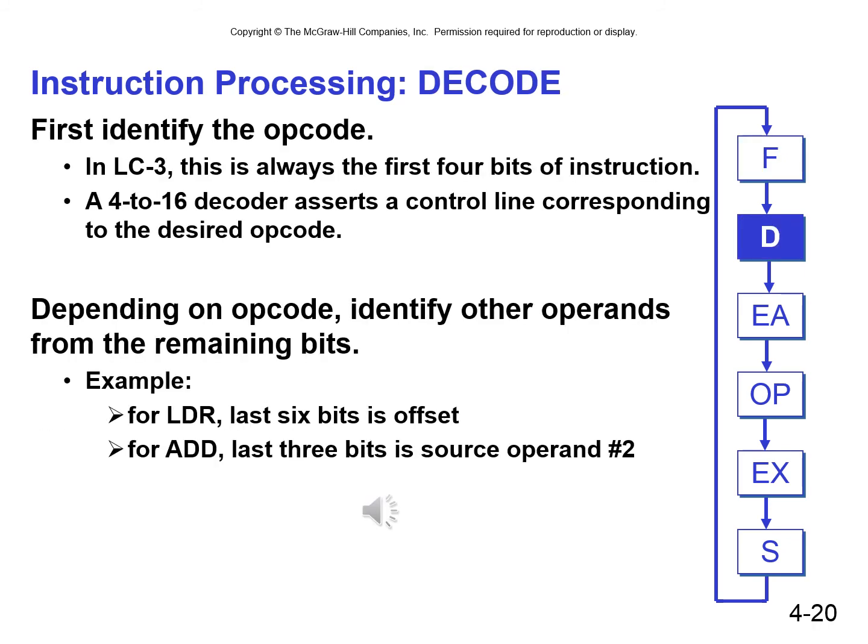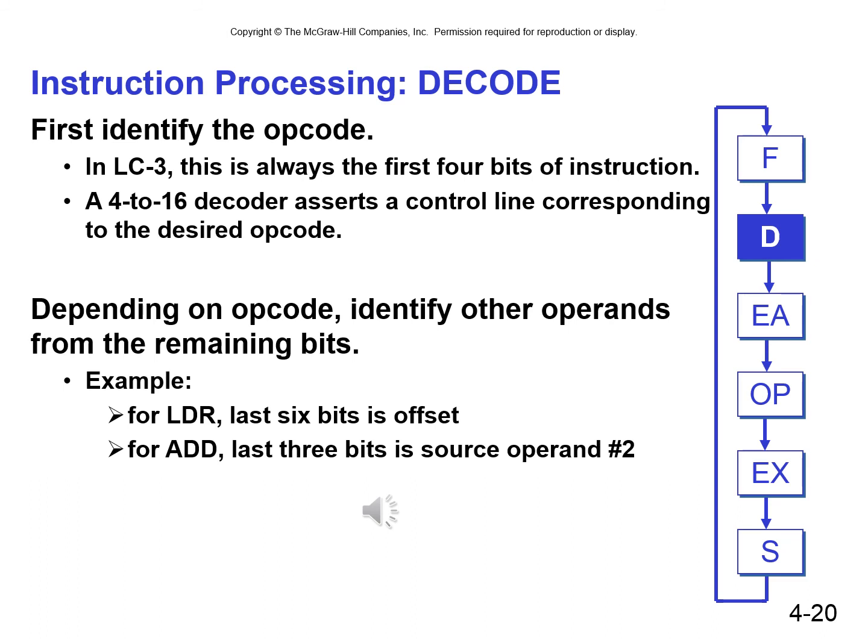So then, after fetch, comes decode. Decode decodes the instruction. Identifying the opcode is the first thing, and in the LC-3, which is a 16-bit instruction set architecture, it's always the first 4 bits of the instruction.